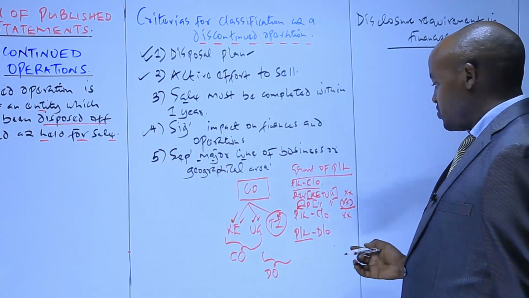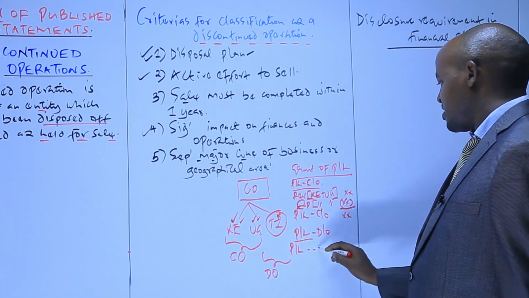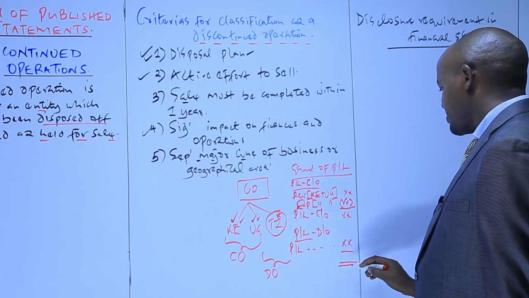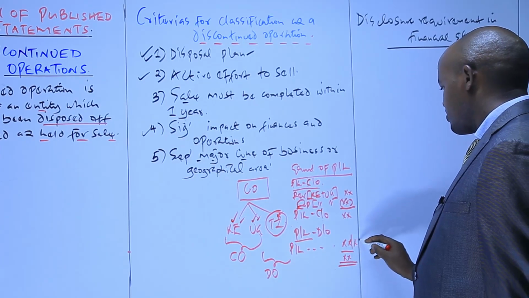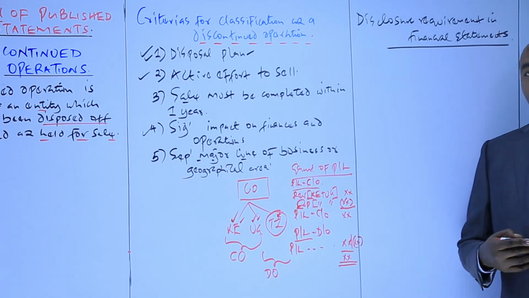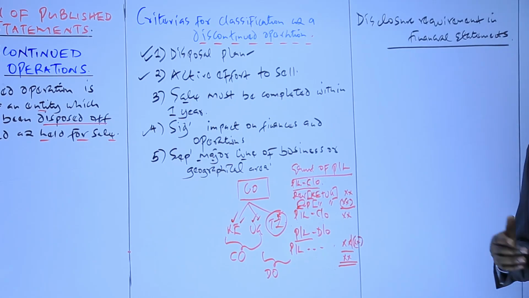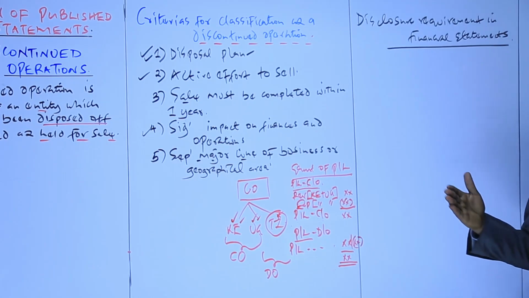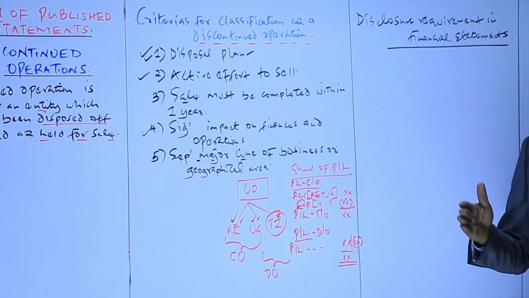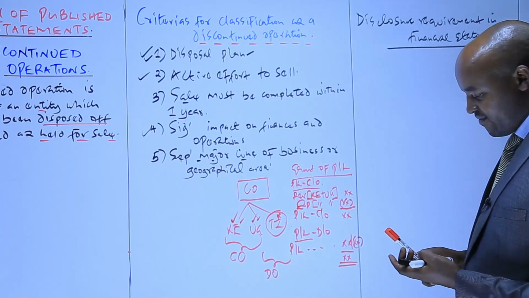The company will determine the profit or loss from that discontinued operation, and according to IFRS 5, it must be disclosed in the financial statements as a separate item. The company should not combine the profit or loss from this discontinued operation with the profit or loss from the continuing operations.